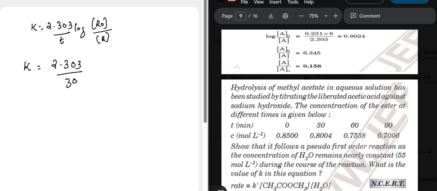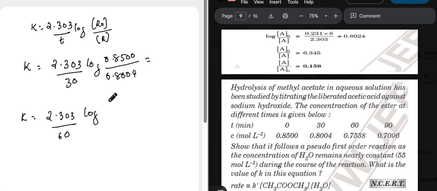R0 is the concentration given at 0 time, and at 30 minutes the concentration given is R. You will get a value for K. Then the same rate law you apply, and at 60 minutes you find out the value. 60 minutes, log R0 is 0.8500 only. I hope you understood how to take the data.